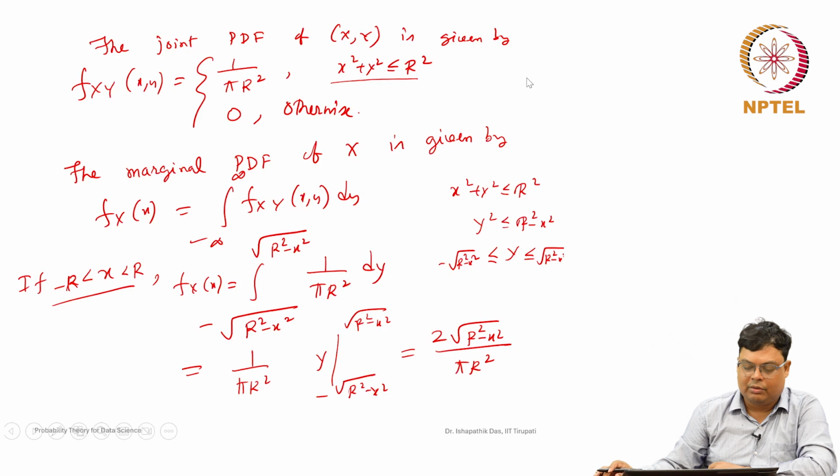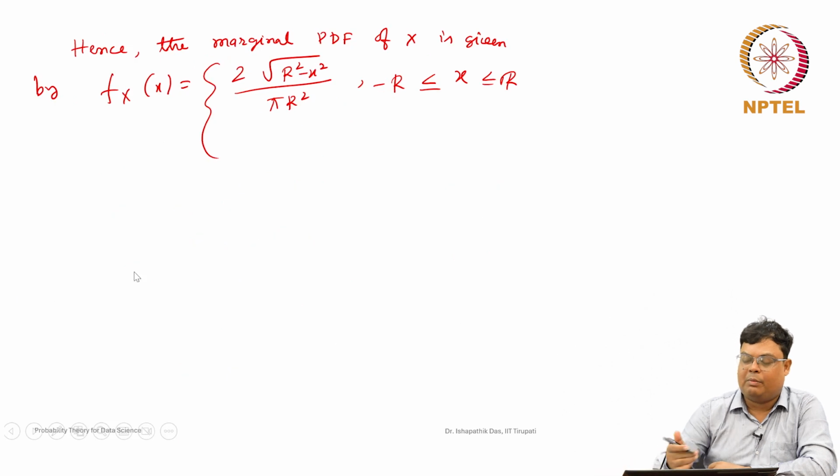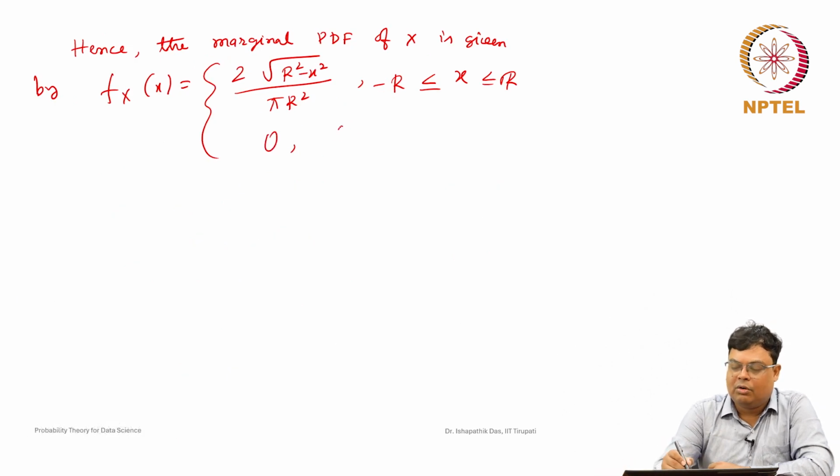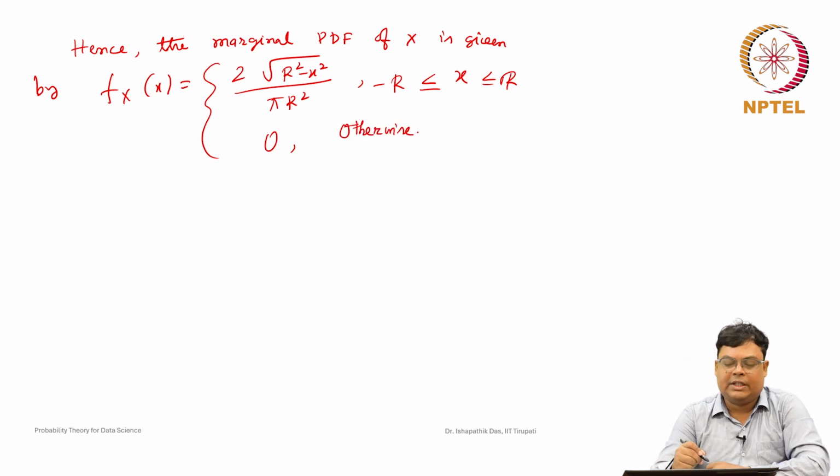Because it is a continuous density, whether you use less than or equal to or strictly less than does not matter; at a point the probability will be 0. It is 0 otherwise.